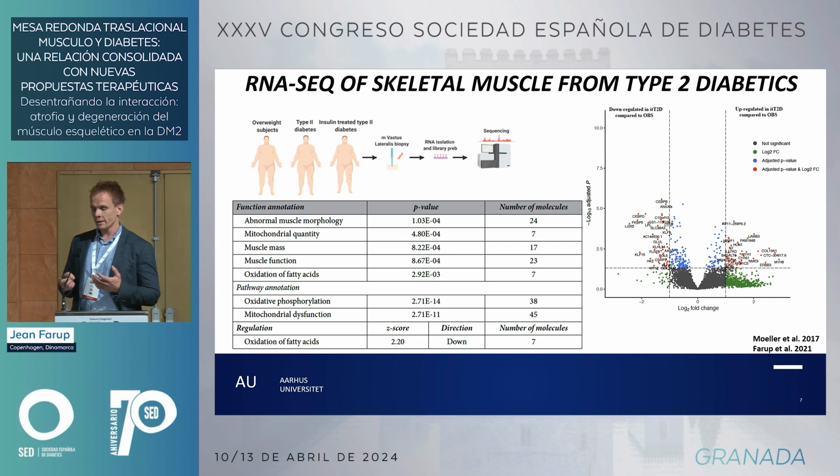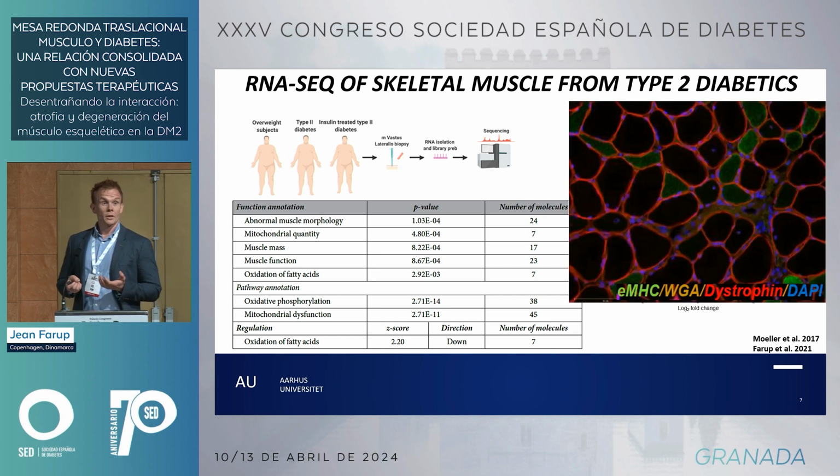First, the downregulation of genes related to oxidative phosphorylation and markers of mitochondrial dysfunction, but also a marked enrichment in genes related to muscle degeneration and muscle regeneration. One of these was embryonic myosin heavy chain, which we again typically associate with neuromuscular diseases or muscle regeneration, but this was highly enriched in these patients.